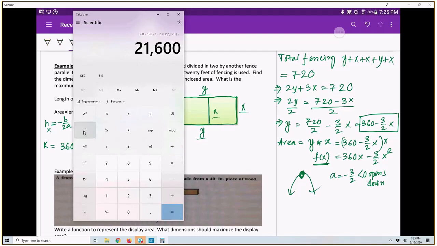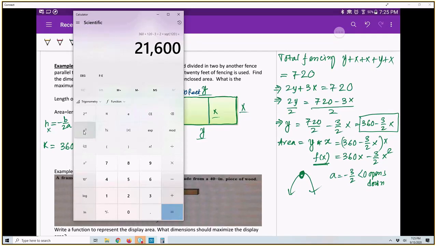So the length is going to be 360 minus 3 halves times 120. So this is 360 minus, 2 divides 120 and gives me 60, 60 times 3 is 180. And the unit for all these is feet. So I will say length is 180 feet, width is 120 feet.